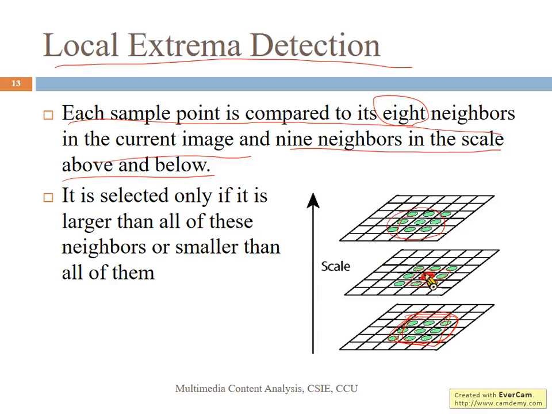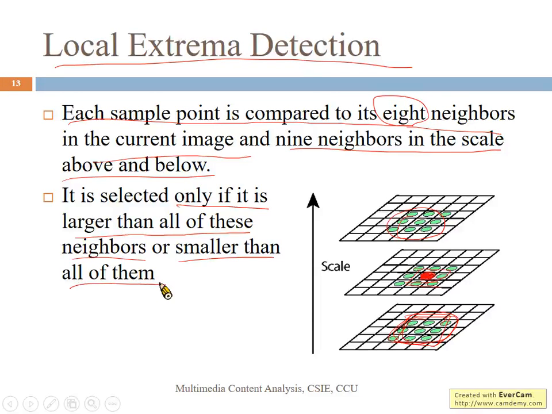If this difference value is smaller than all these neighboring pixels, or larger than all neighboring pixels, then it is selected as a key point. So it is selected only if it is larger than all of these neighbors or smaller than all of them.